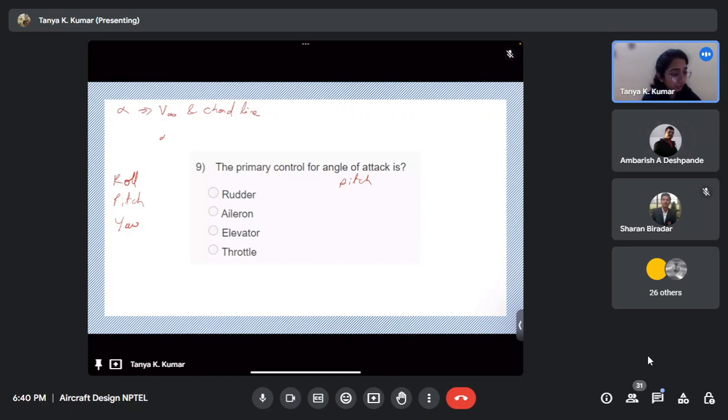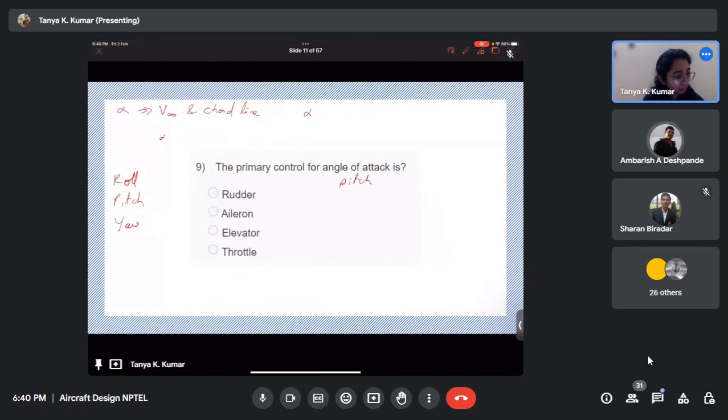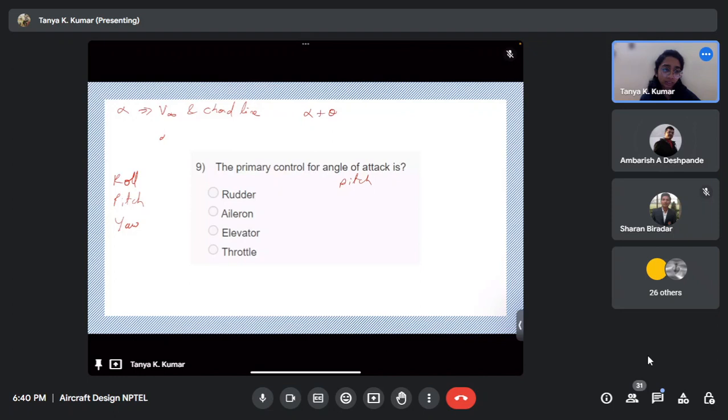We will denote it as alpha plus theta, the pitch. And if it is roll or yaw, it would be in the other direction. So the component of velocity in that direction will contribute to beta plus the roll term, roll or yaw. So the effective angle of attack will change, but the original angle of attack remains. That only changes if the velocity's direction changes, so if there is a gust or something.